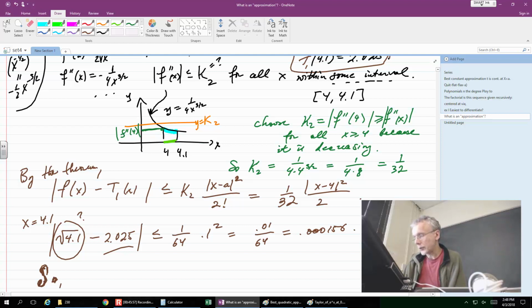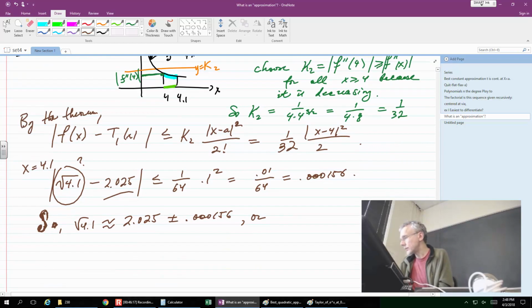So you either say 2.025 plus or minus 0.000156, or you can actually carry out the computation and give an interval. Let's do both. So the answer is, the square root of 4.1 is equal, or I still use these terms, depending on what kind of boss you're dealing with, the square root of 4.1 is in the interval.